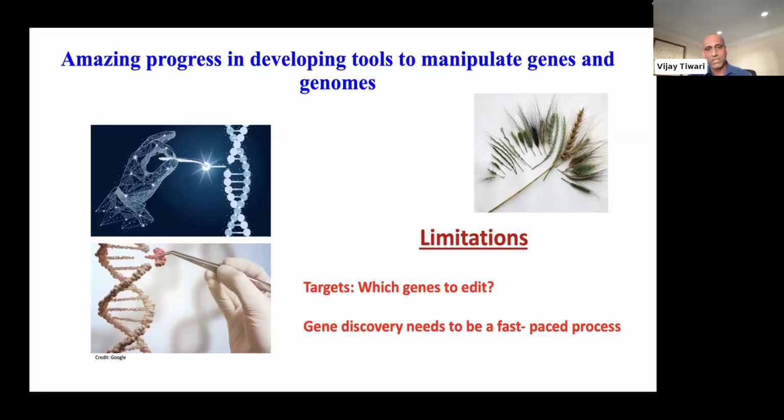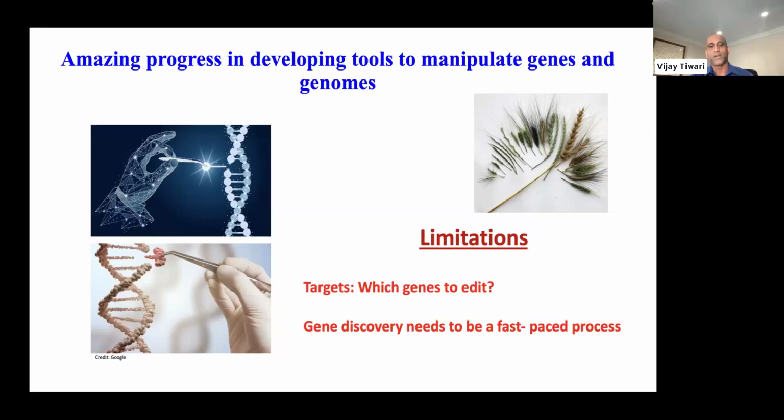With all these new tools and technologies, we still wonder what our targets are going to be. If we look at our last 10-15 years of gene editing work, our gene manipulation work, we are limited by the target, which genes to edit, and that's in my opinion where our bigger limitation is.